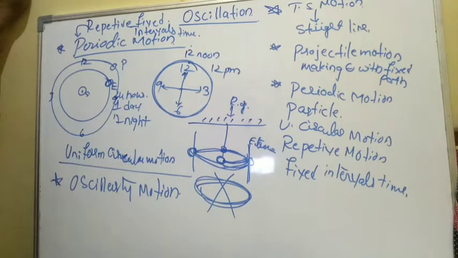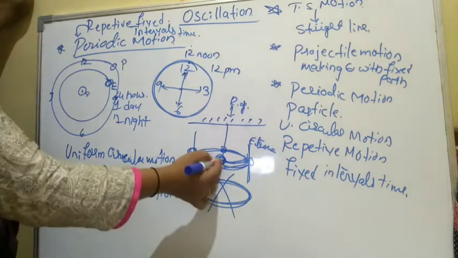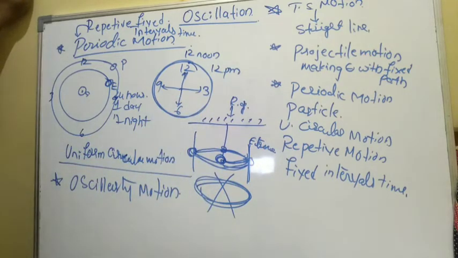To and fro motion about a fixed point is called oscillatory motion or vibratory motion.